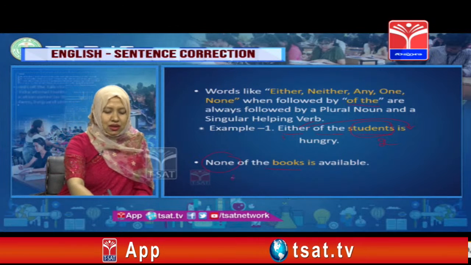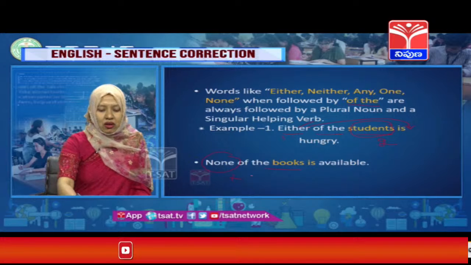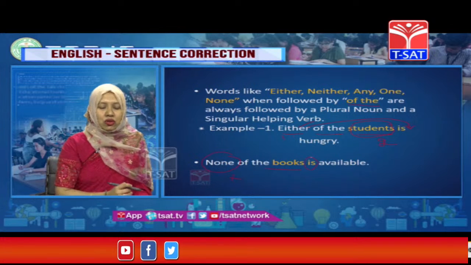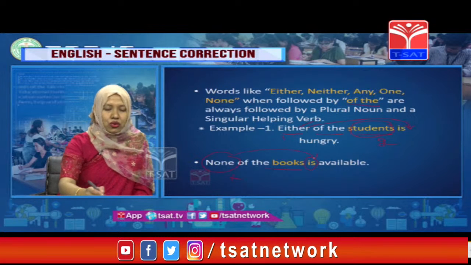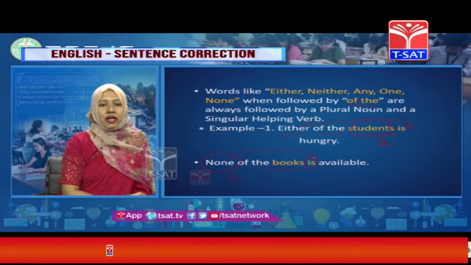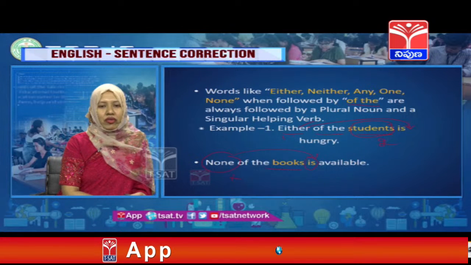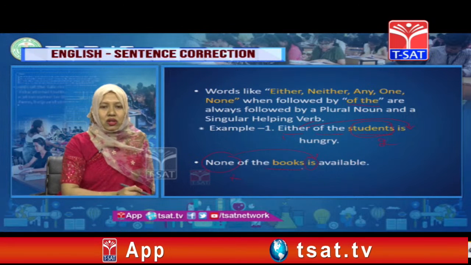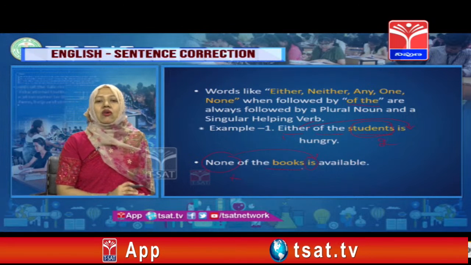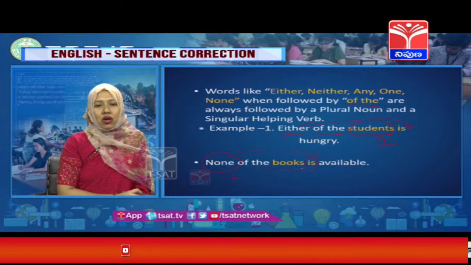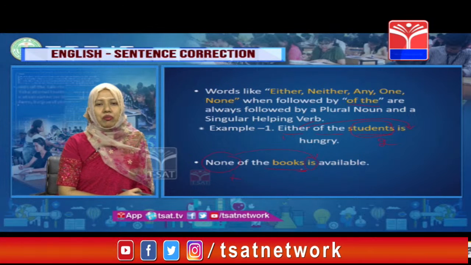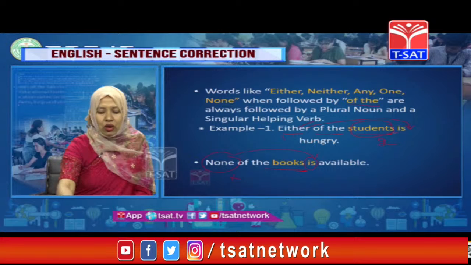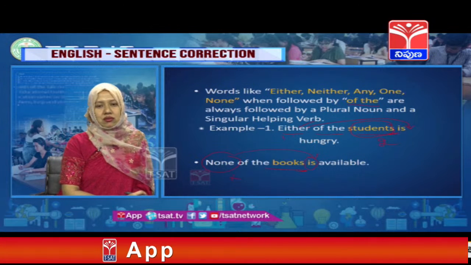So none means nothing. That's why along with a singular subject you use a singular helping verb: none of the books. Whichever book you want, out of so many books, not even one is available in the shop. Here always the noun should be plural, students.